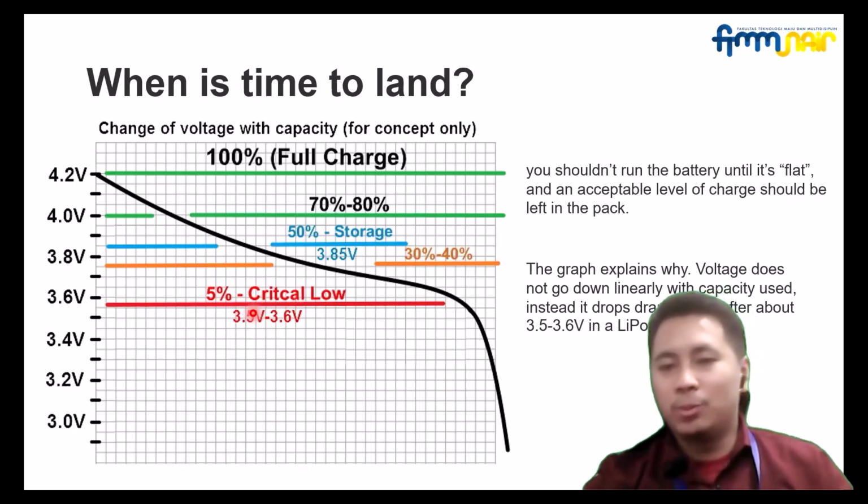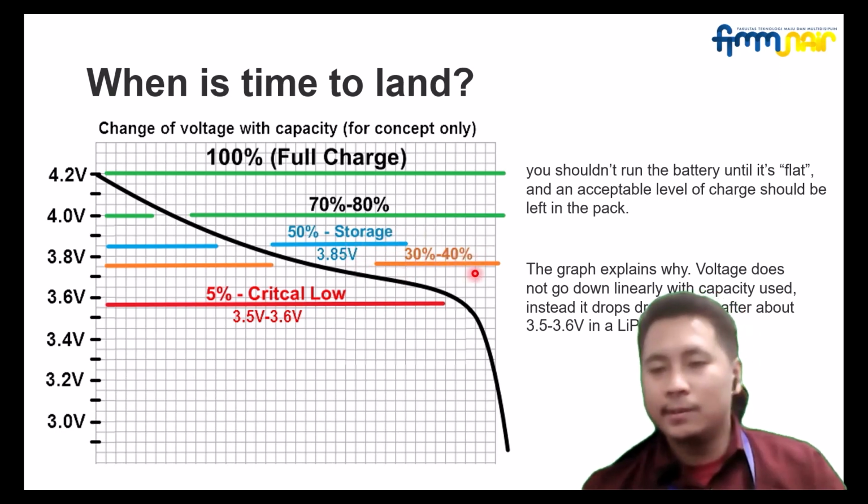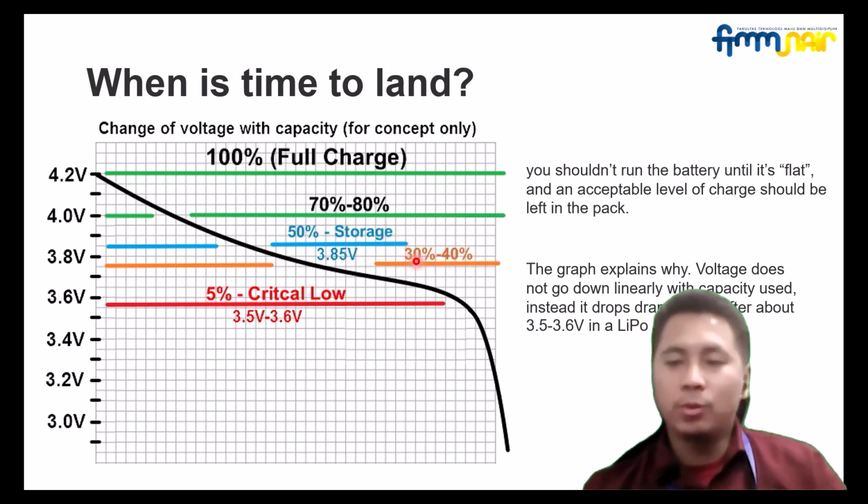And when it's time to land, we have the graph here. This is the full charge, and the 30% to 40% is the area where you have to worry, where you have to pay attention to your drone. Because after 5%, about 3.5 or 3.6 volts per cell, it will drop.